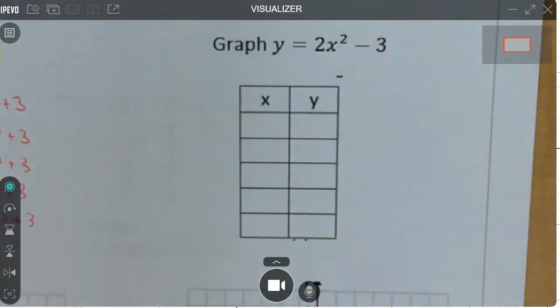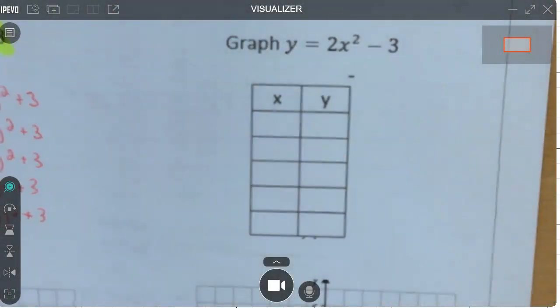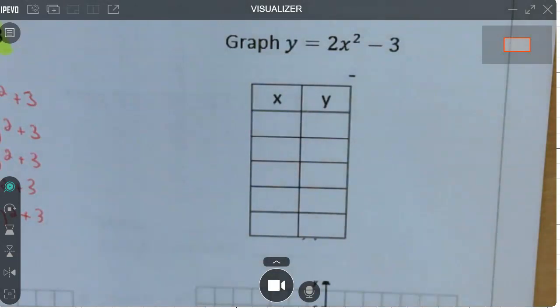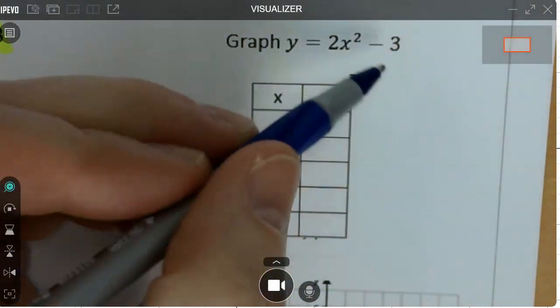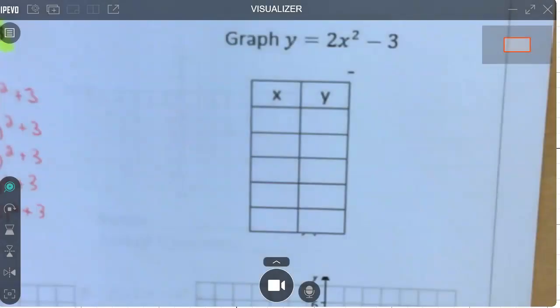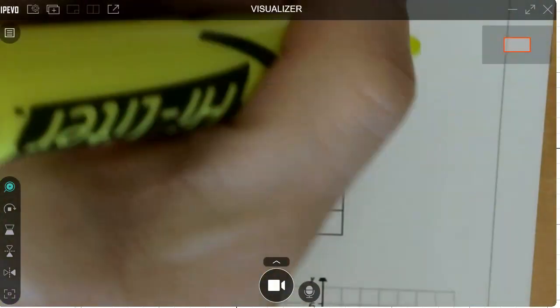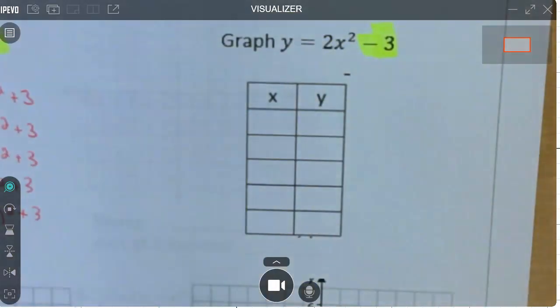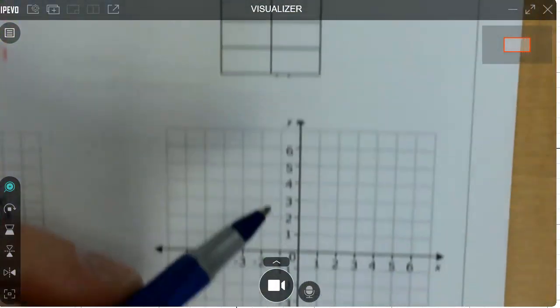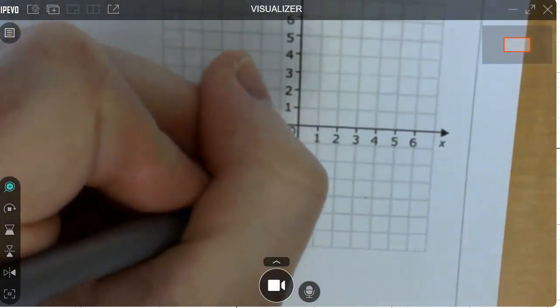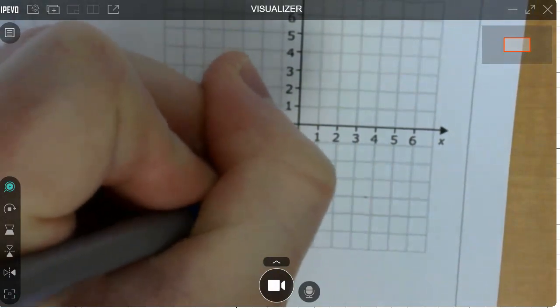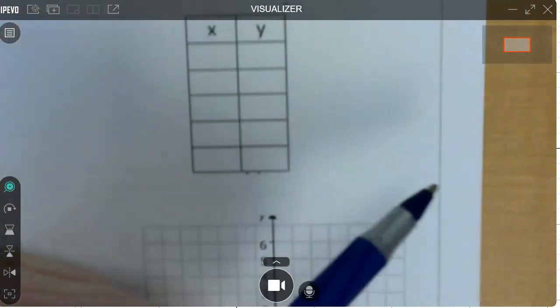So over here, here's what I want you to do from now on as you do your homework. If these are ax squared plus c values, or minus c in this case, this minus 3 right here automatically becomes your y-intercept, and we can plot that point right now. We can go down here and just put it at negative 3, automatically.